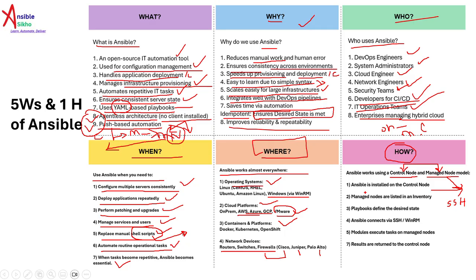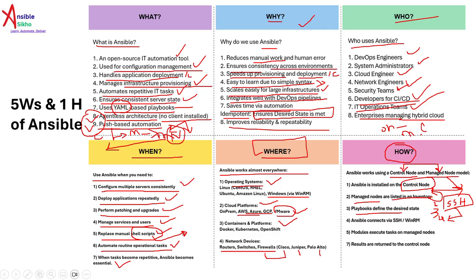In simple terms, the control node becomes your central server. Managed nodes are listed in the inventory. The inventory is placed on your server, so the server knows that this inventory contains two or three or four managed nodes, where SSH enablement is in place. If there is no SSH enablement, it will throw an error.